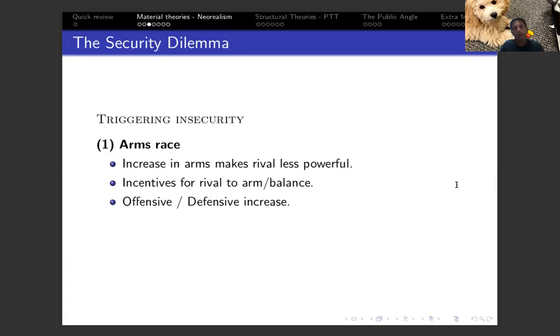That's going to create incentives for this rival to either arm himself or to balance in any other way, for example, joining an alliance. So again, by increasing my own military capabilities, I'm making my rival feel less powerful, and I'm creating incentives for that rival to arm also, and overall create a less secure environment.